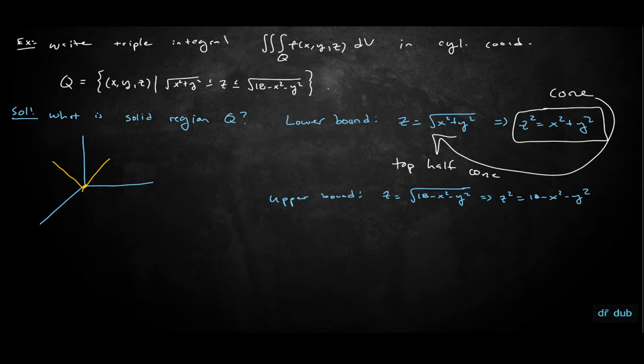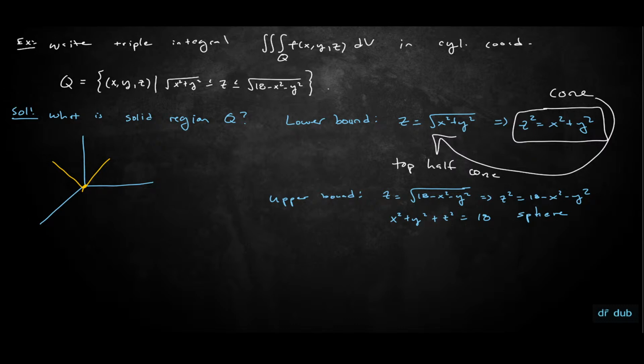Move the x and the y to the left, and you get x squared plus y squared plus z squared equals 18, and that's a sphere centered at the origin with a radius square root of 18.